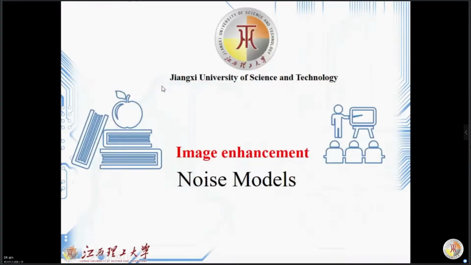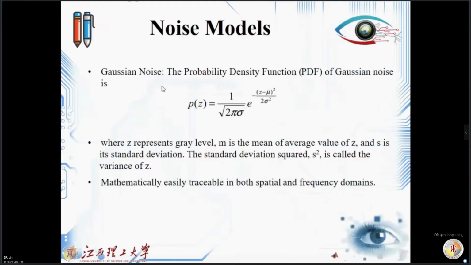Now we will jump to the noise model as one part of image enhancement. One of the formulas people use for noise is Gaussian noise, which is given by the probability density function (PDF) of Gaussian noise.